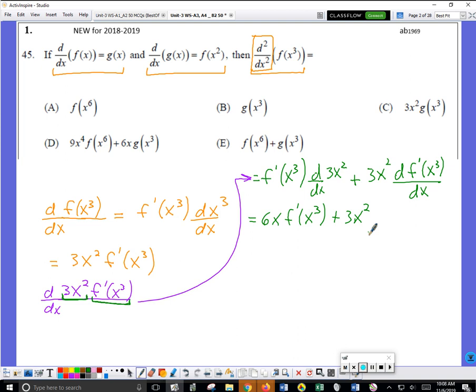Because just like we had the sine of x cubed, we now have f prime of x cubed. Well, the derivative of sine was cosine. The derivative of f prime is symbolically f double prime. You plug in the g, and then you multiply by the derivative of that g.